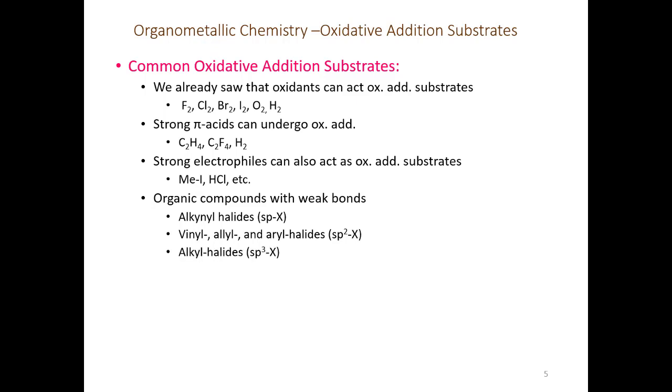Alkyl halides also have somewhat weak carbon halide bonds. So these are sp3 hybridized carbons bonded to halides, and these are actually ordered according to their reactivity, with the alkynyl halides being the most reactive towards oxidative addition and the alkyl halides being the least reactive.